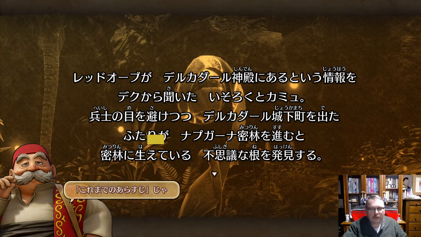As the two who left the Derukadaru castle town, as they avoided the eyes of the soldiers, discovered a mysterious root growing in the jungle as they advanced through the Napugana jungle. Yeah, get used to that. Okay.